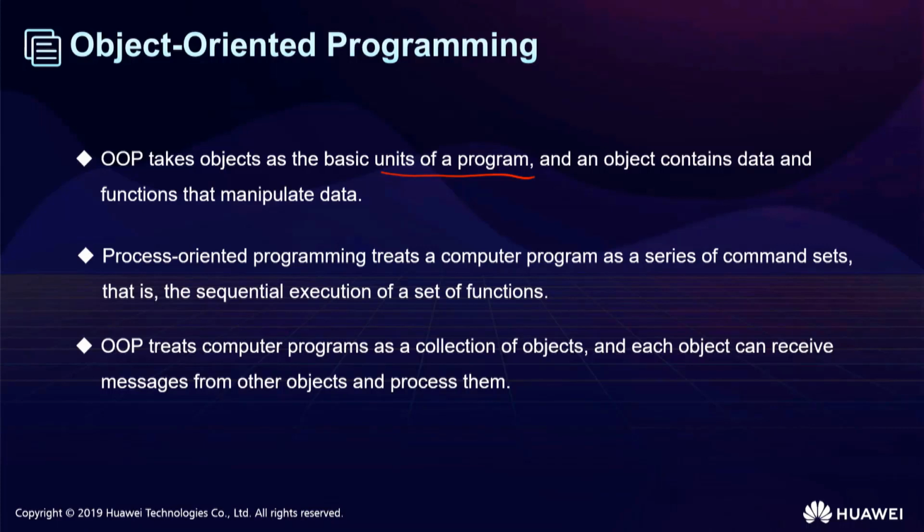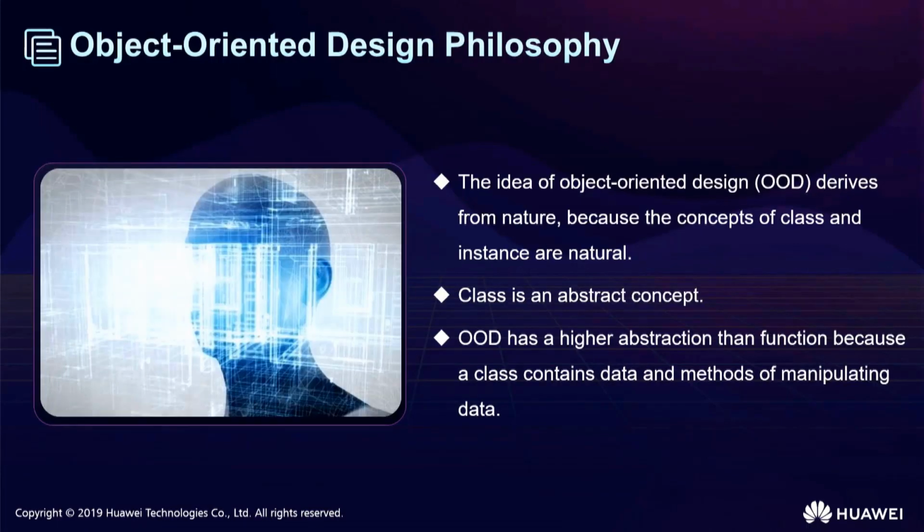Let's see more details of the design philosophies. The ideas of object-oriented design derive from nature, because the concepts of class and instance are natural. And class is an abstract concept. For example, our definition of the class student refers to the concept of the student, and instances refer to specific students such as Bart Simpson and Lisa Simpson.